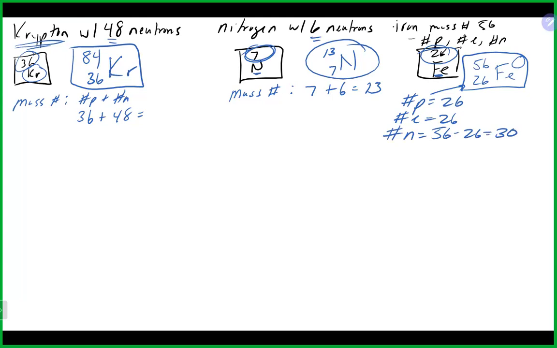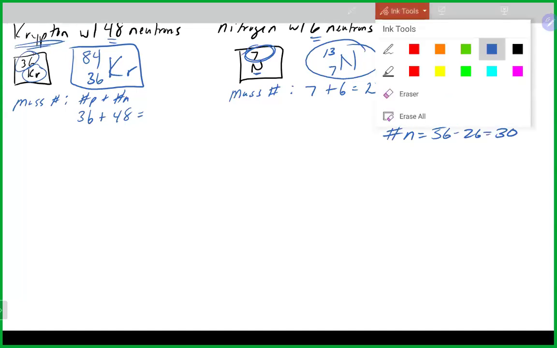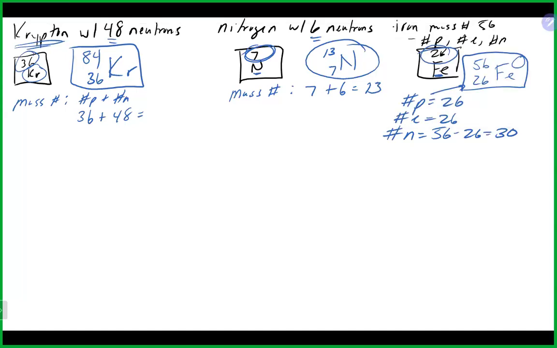So earlier there was sort of a question, and we started talking a little bit about if something has a charge, what happens. So let's talk a little bit about what happens if things do have charges. If things do have charges, they are what are referred to as being ions.